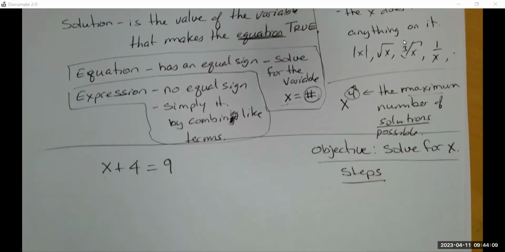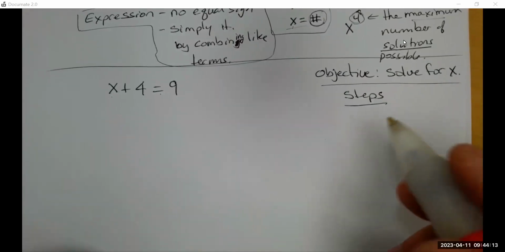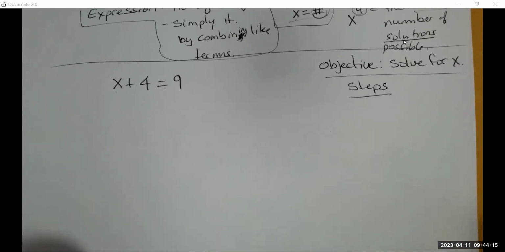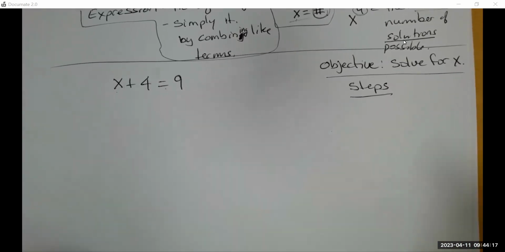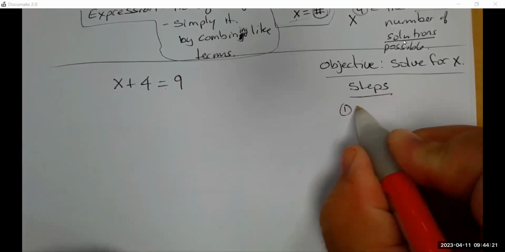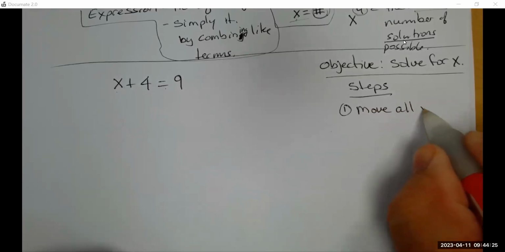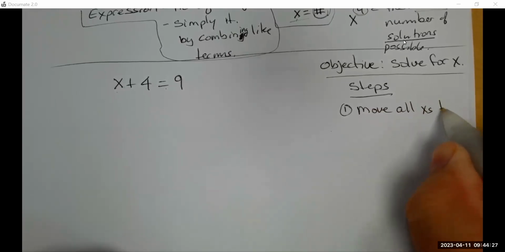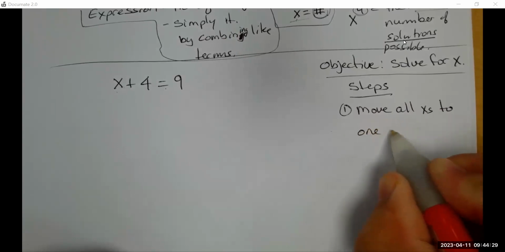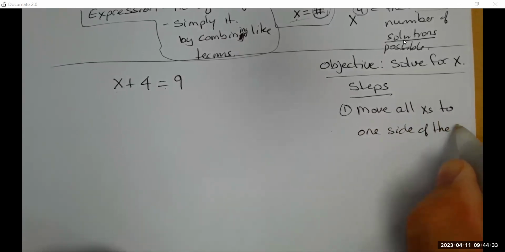Here are the steps. We're going to build up on these steps as we go through these examples. First step. Move all x's to one side of the equal sign.